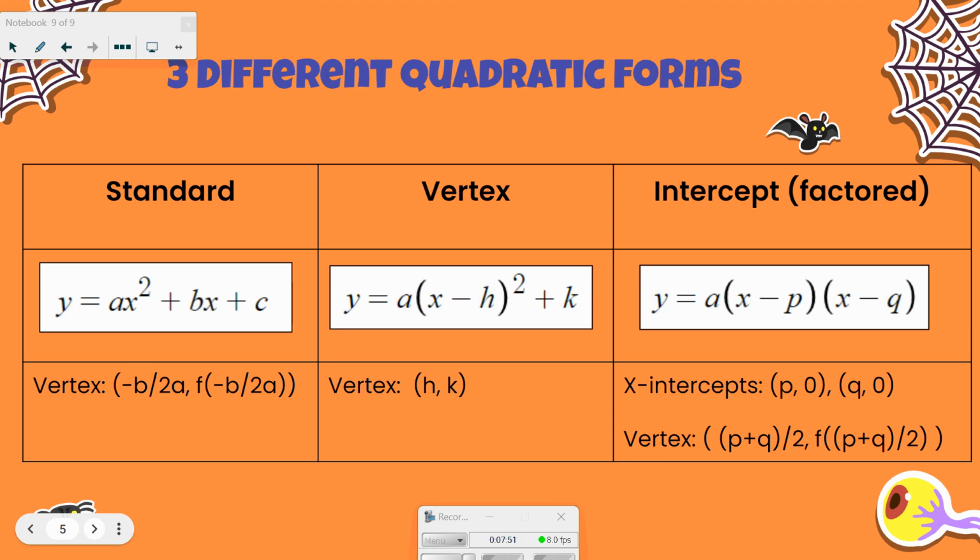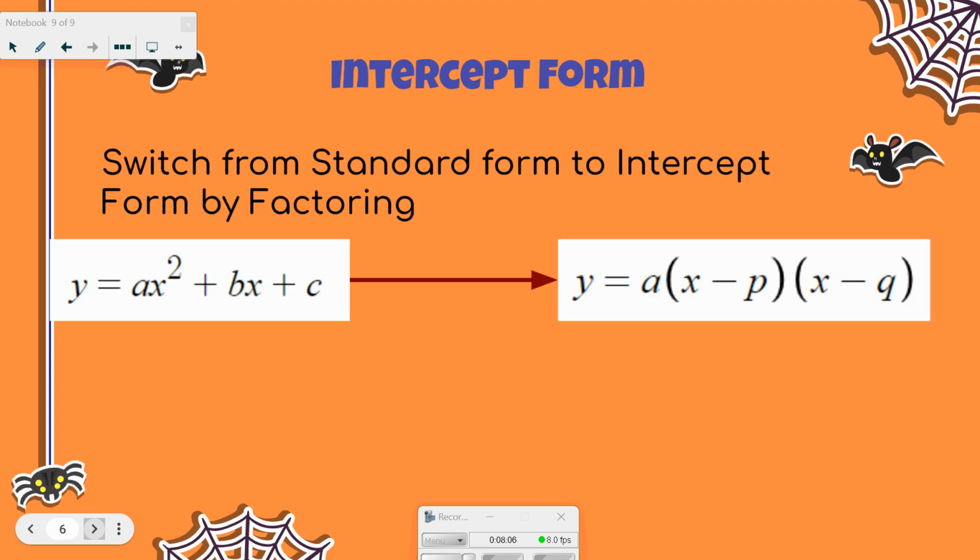How might you predict you would go from standard form to intercept form? What does intercept form look like? It looks like it was factored, so Vivian is so right. We are going to go from standard form to intercept form by factoring. Noticing here our a value with standard form is still the same a value all the way out there.